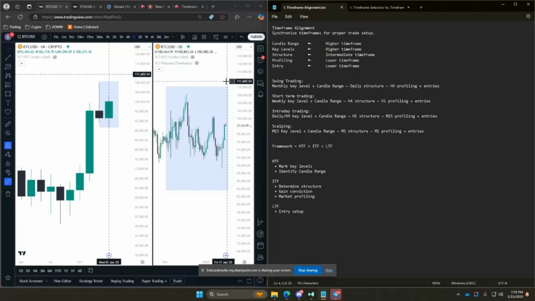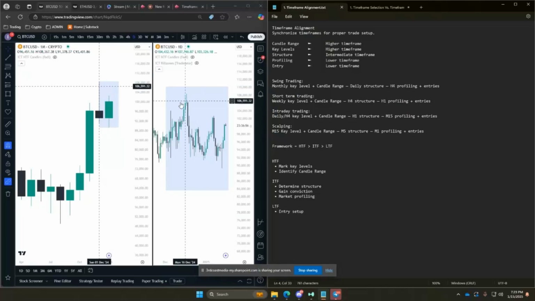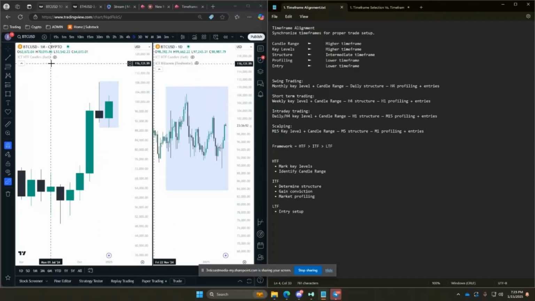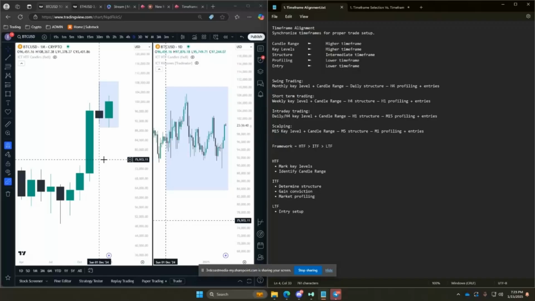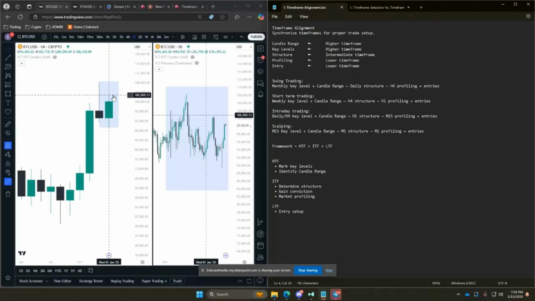You can see that you get a bit more information on the daily chart, which is what we have on the right. On the chart on the left, from a monthly perspective, you can see that we have a different kind of structure. Overall, looking at it since April, we've made quite a bit of gains.